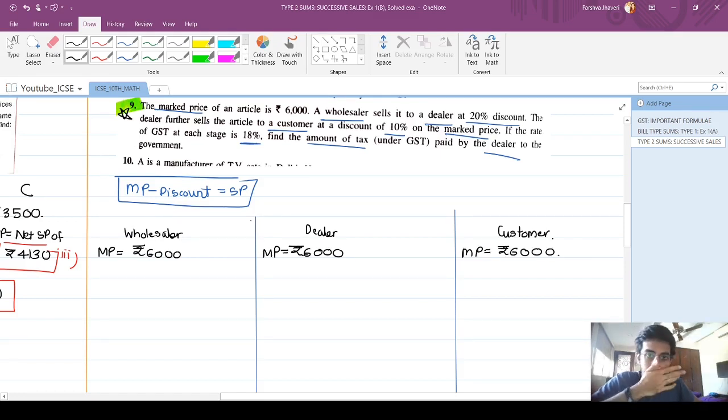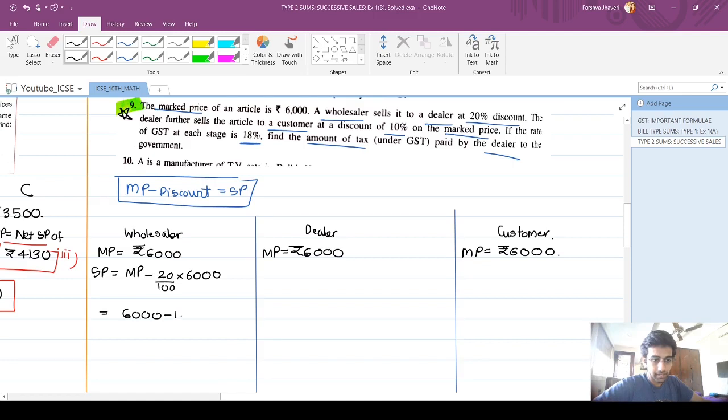Next, the wholesaler sells it to the dealer at a 20% discount. Selling price is equal to MP minus discount offered, that is 20 upon 100 into 6,000. So this will be 1/5 of it. So that will be 6,000 minus 1,200.